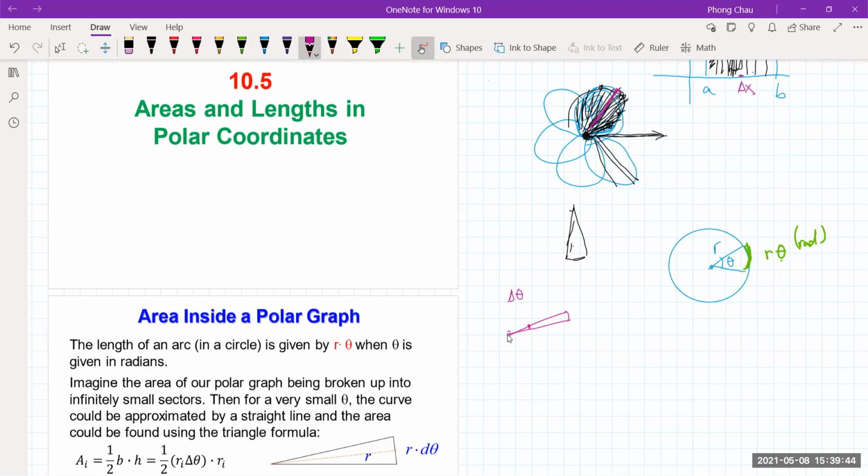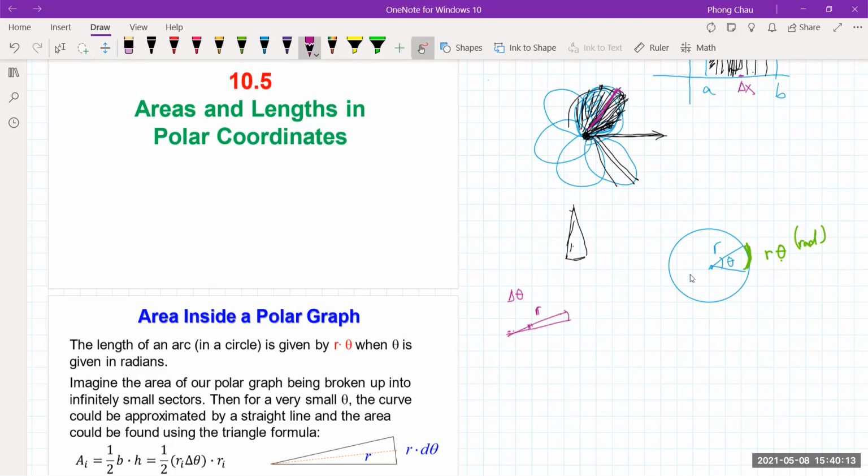Basically, if you look at the positive x-axis, you take this angle here, subtract this angle there, and you have the small angle, so that's delta theta. Okay, so that's tiny. And this length from here to here, again, is called r, the direct distance r.